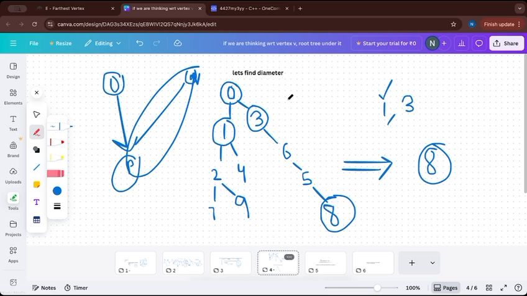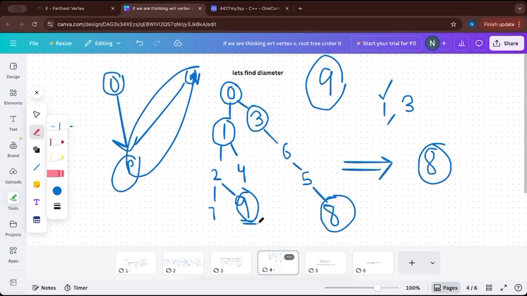So let's check that. The first thing is, what is the largest node in the tree here? It is 9, right? So can we include 9 in the diameter because this is the largest node? Absolutely not, because there is no guarantee that 9 will be in the diameter, right? 9 is the largest vertex, but we have to return the largest vertex only if it is in the diameter.